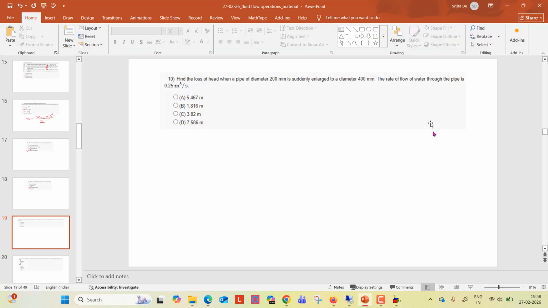Okay, now going back to this. So the loss of head when pipe diameter is suddenly enlarged, right? First we'll calculate V1 and V2. So flow rate is given, right? So V1 will be flow rate by A1, that is 0.25 by pi by 4, 0.2 square.